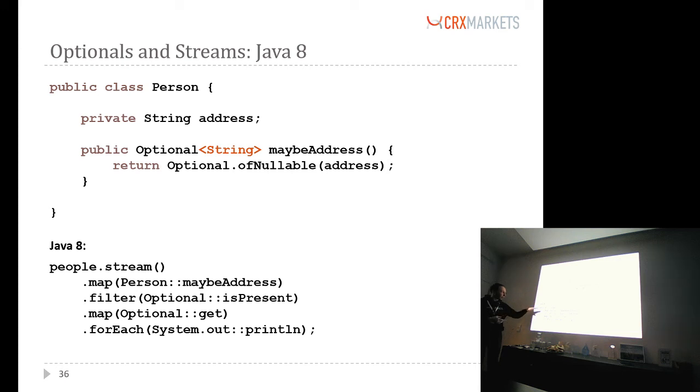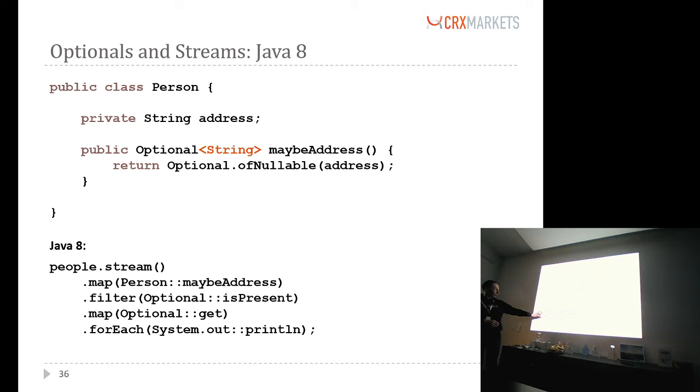So first we take this optional address, then we filter all the values by the optional values that are present, then we get them, and then we print them out. So this is boilerplate.